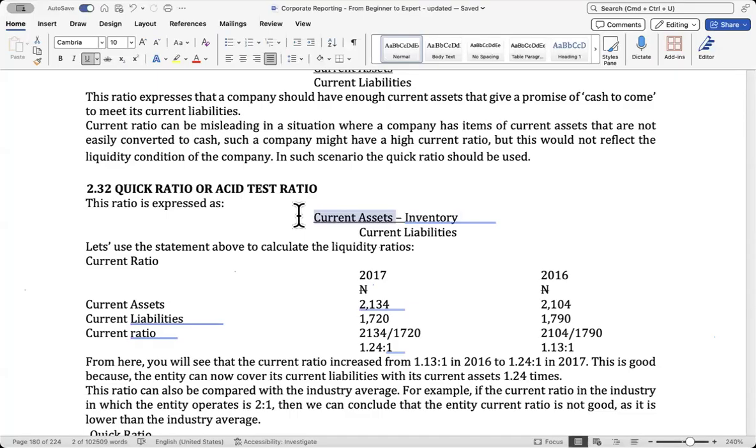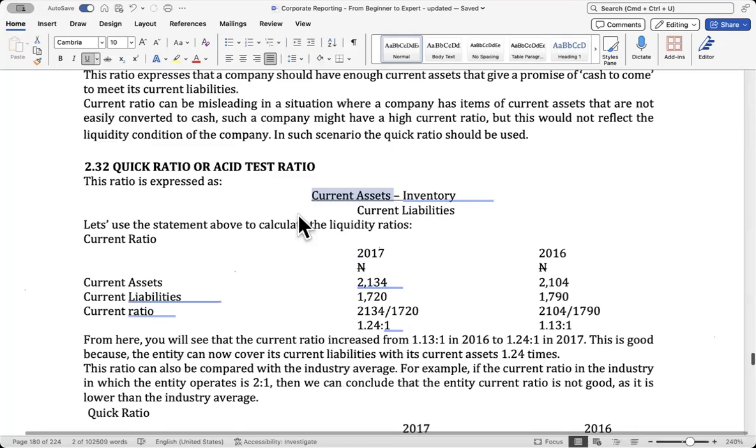When we put that over our current liabilities, that gives us a sense of how ready we are to settle our short-term liabilities or obligations. It's popularly expressed that a ratio of 1:1 is okay, but again, it's more reliable to compare it with the industry average, or with your ratio in the previous year, to say whether you're doing well or badly, rather than focusing on whether it's 1:1 or 2:1.